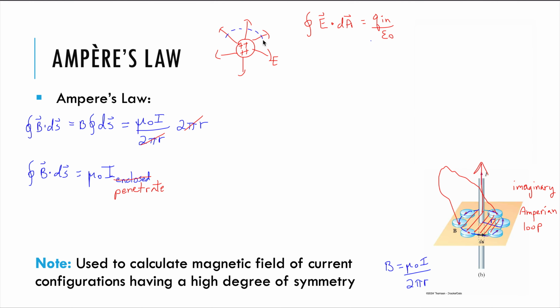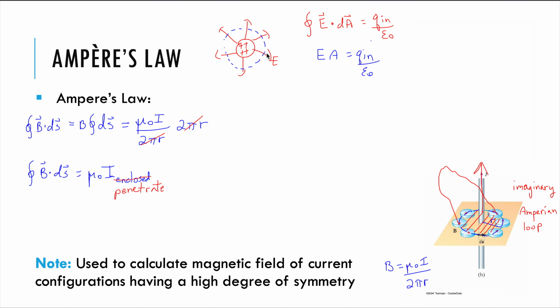Once we know which way the electric field is going, we picked some imaginary Gaussian surface that took advantage of the symmetry. In this case, we wanted the electric field to be perpendicular to the surface at all times, so that the dot product vanished, and we ended up with E times A, where A was the surface area of that Gaussian surface. Then using this equation, we were able to find the electric field due to various charge distributions.